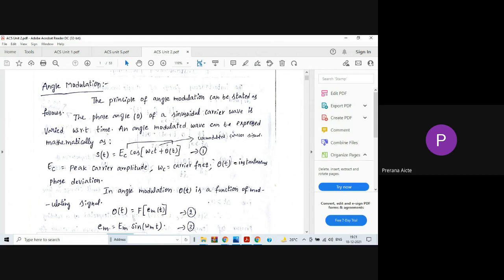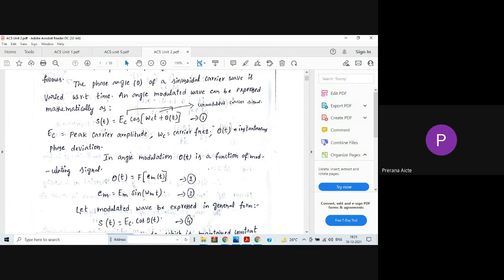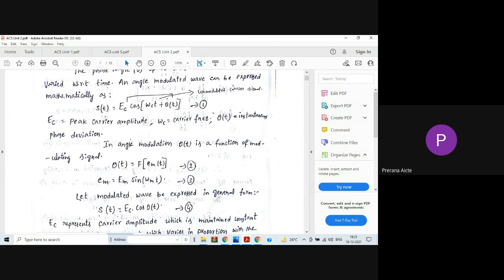How can you represent it mathematically? S of t equal to EC into cos of omega ct plus theta of t, where EC represents peak carrier amplitude, omega c represents carrier frequency, and theta of t represents instantaneous phase deviation. And we write theta as a function of em of t, where em of t is em into sine omega t.